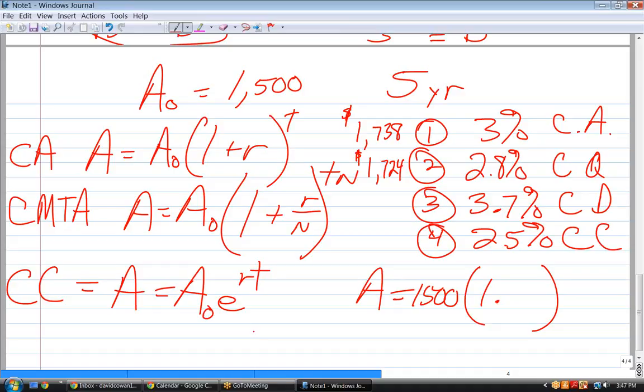What goes inside the parentheses? 1 plus, 3.7 is the rate, which is the same as 0.037, divided by 365, to what power? 365 times 5.